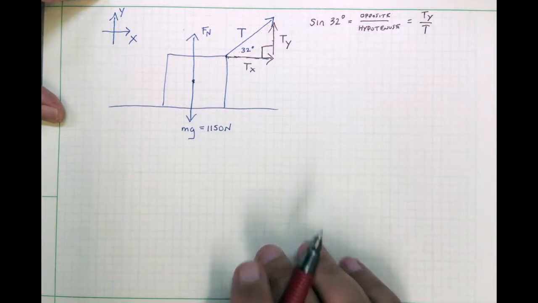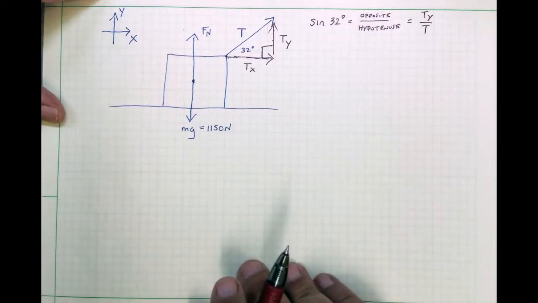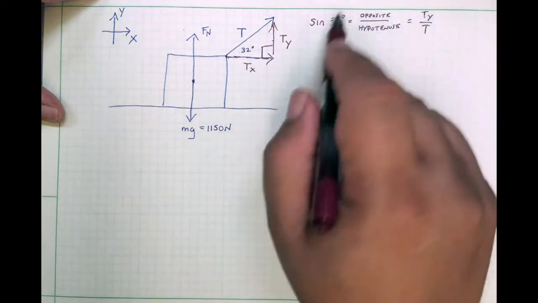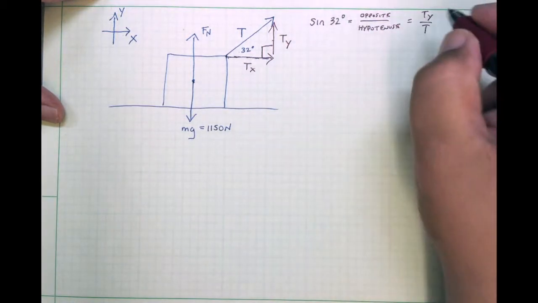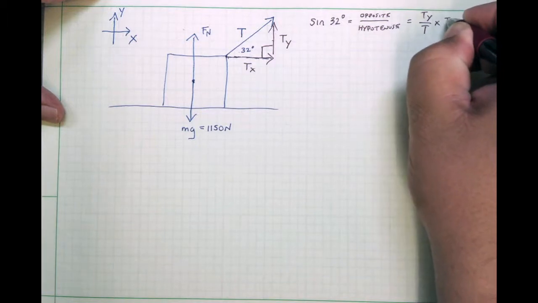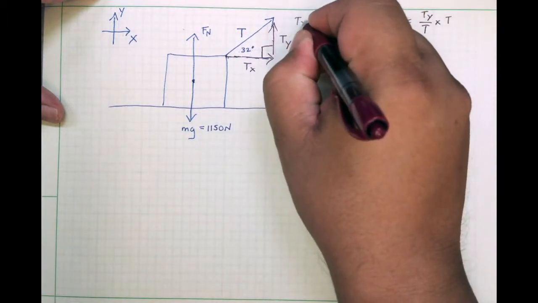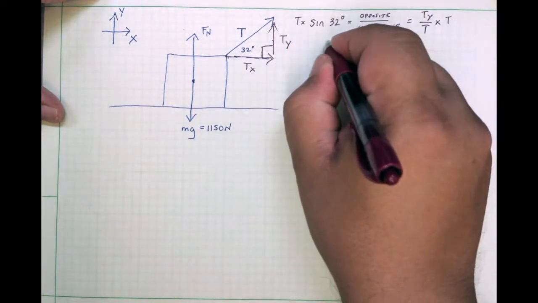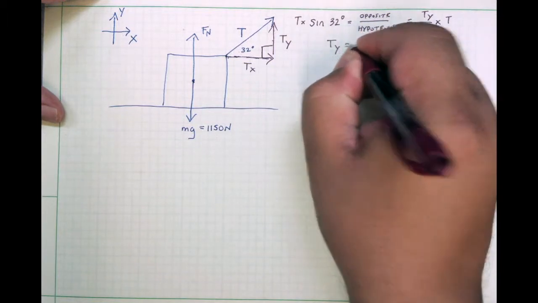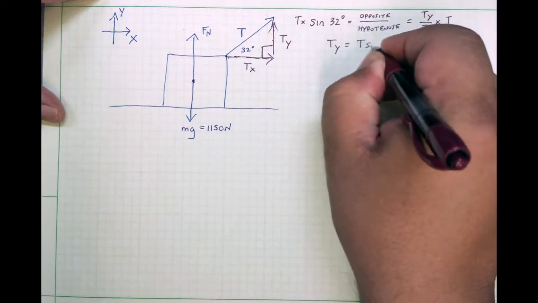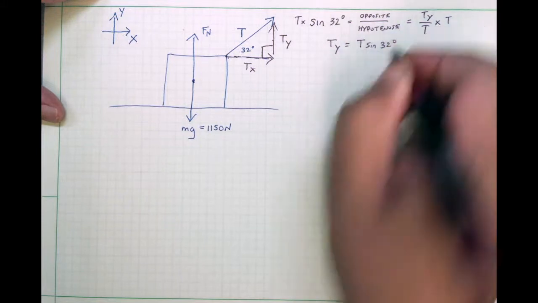Always do algebra before you do arithmetic. We can then solve this equation here for the y component by multiplying both sides by the tension. And that gives us the result that the y component equals T sine 32 degrees.